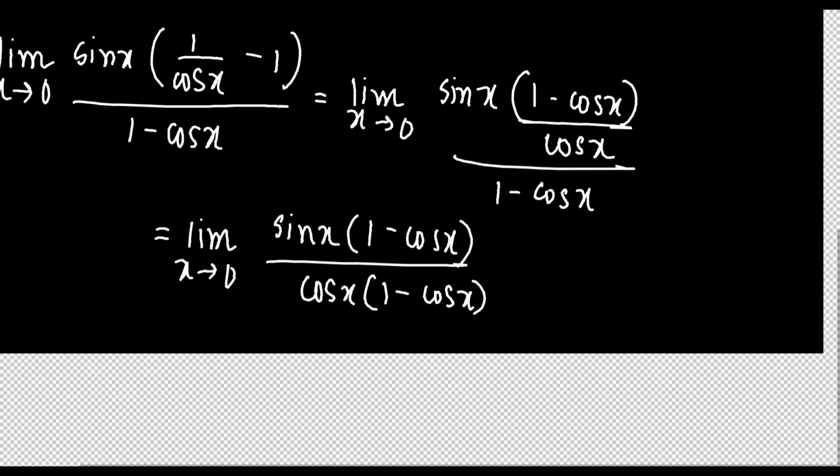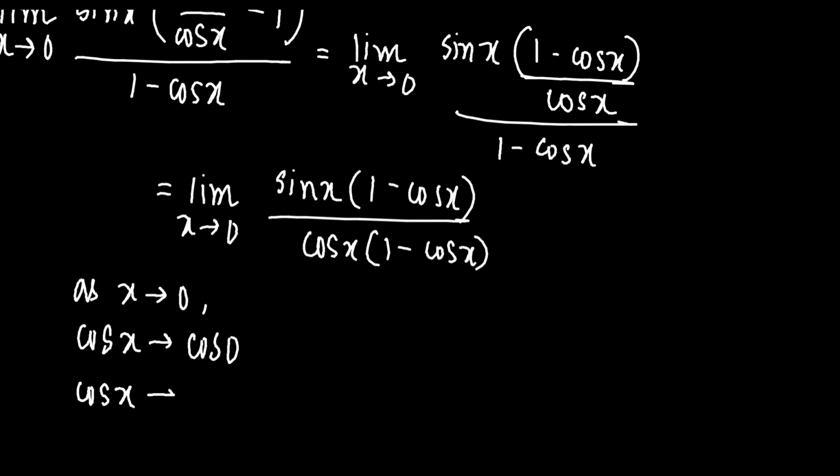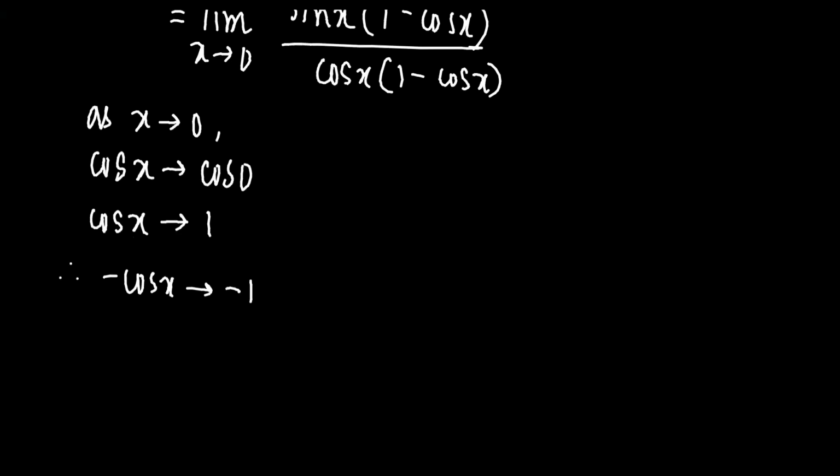Now, a very important thing to see here is that x is tending towards 0. If we apply cos on both sides, cos x is tending towards cos 0. Now cos 0 is 1, so as x is tending towards 0, cos x is tending towards 1. Now if we multiply with minus on both sides, then minus cos x tends towards minus 1.